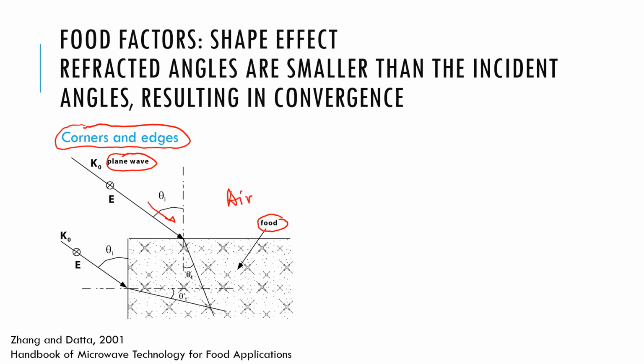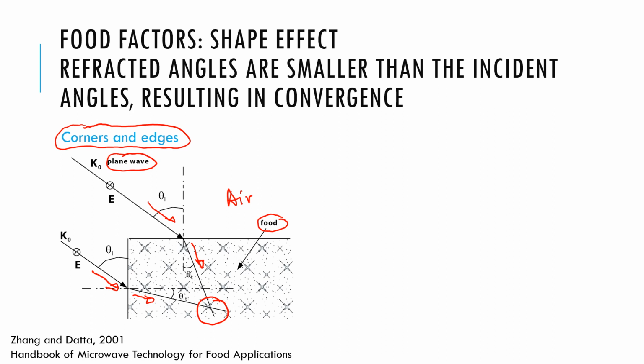then the waves are going to be refracted, and they will get closer to the normal, so they could do something like this. If we think of another wave here, that will also do the same, and the net effect of all of these is that they will converge somewhere inside, closer to the corner or the edge.